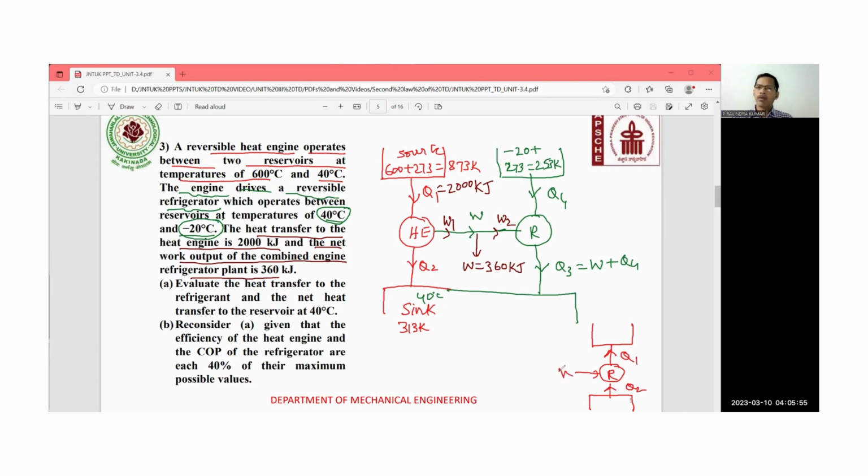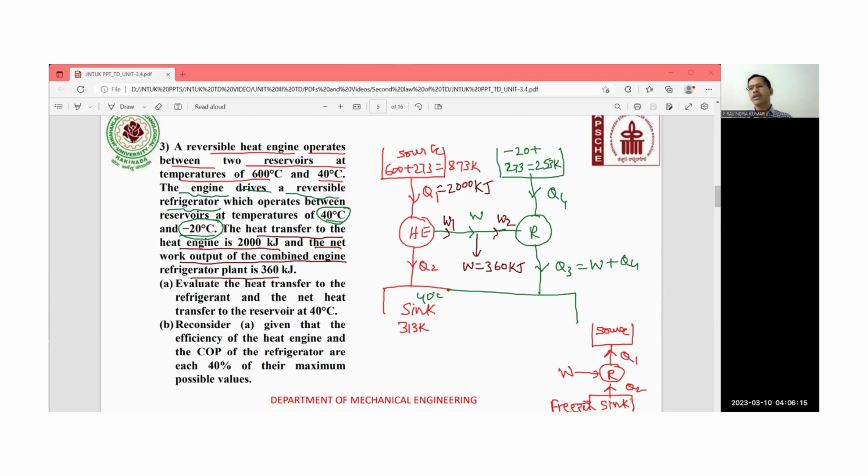This is the W, opposite of the heat engine. Here it is considered as a source, here as a sink. Sink is nothing but the freezer.